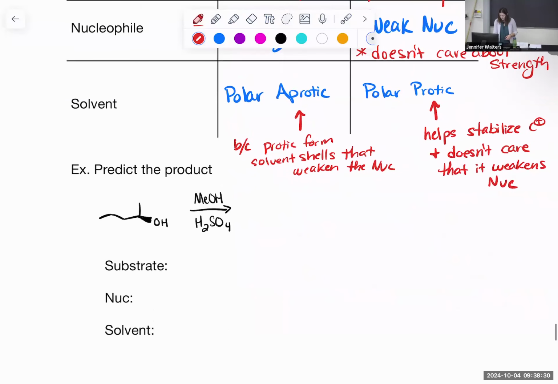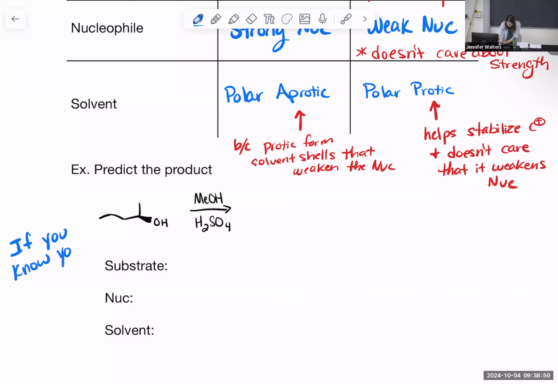All right. So if you know that you are doing substitution, then it's usually easiest to look at the substrate first. When you don't know whether you're doing substitution or not, it's going to be easier to look at the nucleophile first. So if you know you're doing substitution, then we're going to do substrate, nucleophile, then solvent.